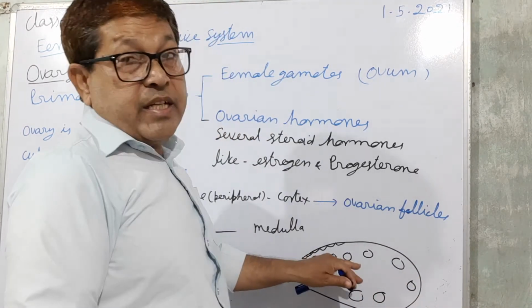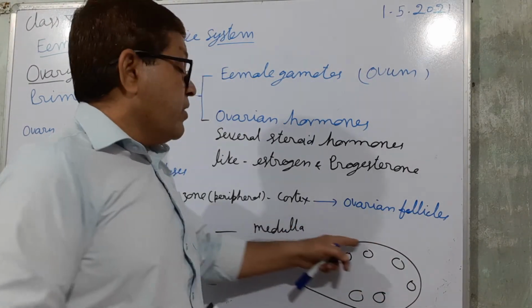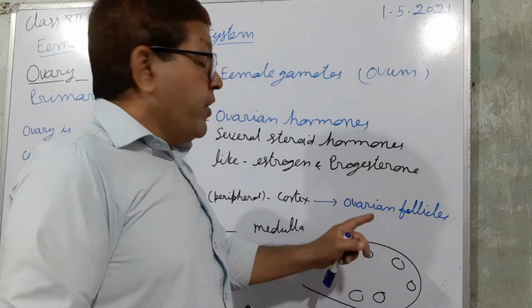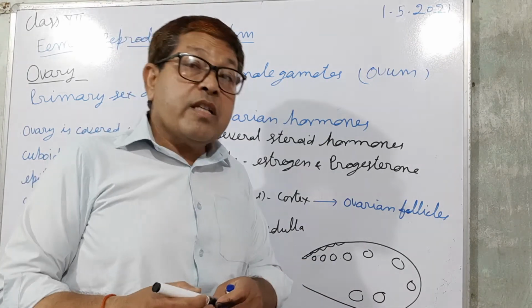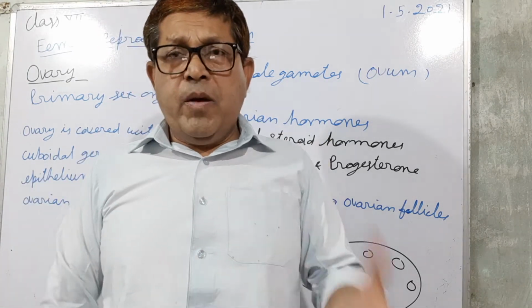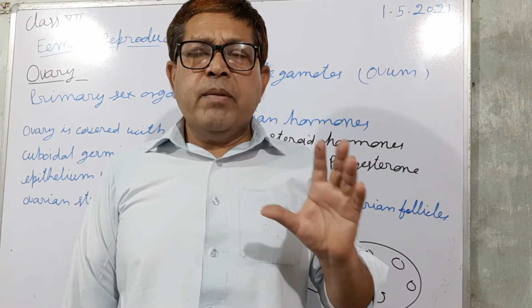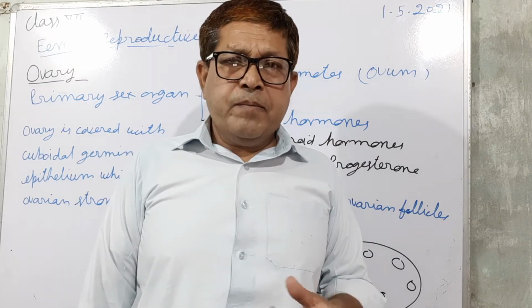Let us discuss the ovarian follicle in detail. Two regions are there. This outer region is called the cortex, and this inner region is called the medulla. In the cortex region the ovarian follicles are found. Some are small and some are big, and they are found in different stages of development.